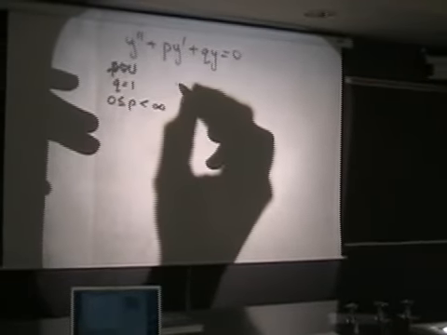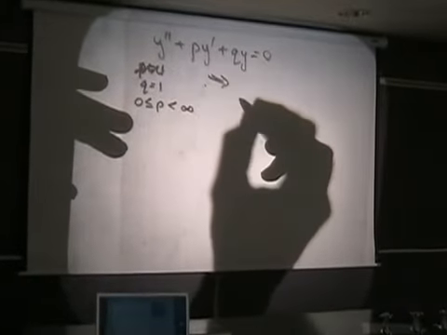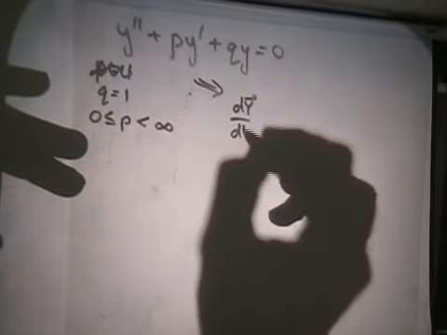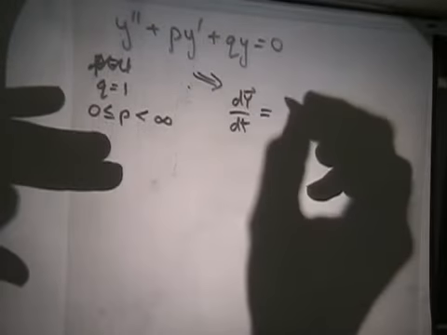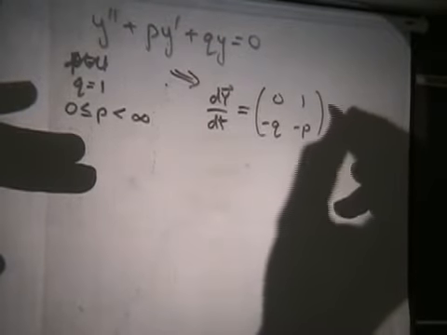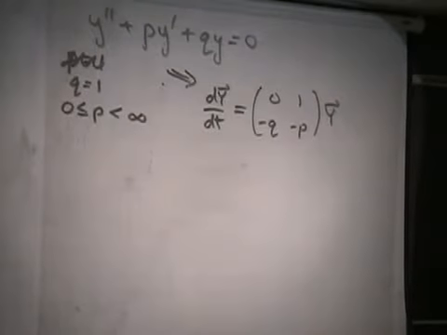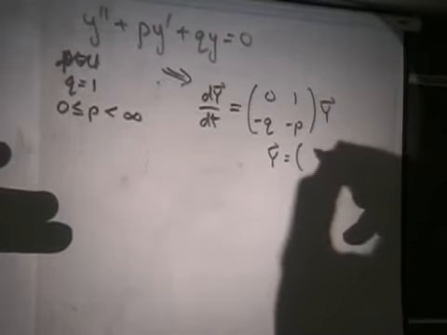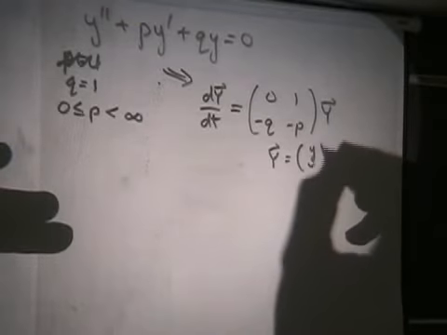One thing we could do here is convert this to a system. The derivative of the capital Y vector with respect to t equals the matrix [0, 1; -q, -p] times capital Y, where capital Y is the vector whose components are little y and little v.